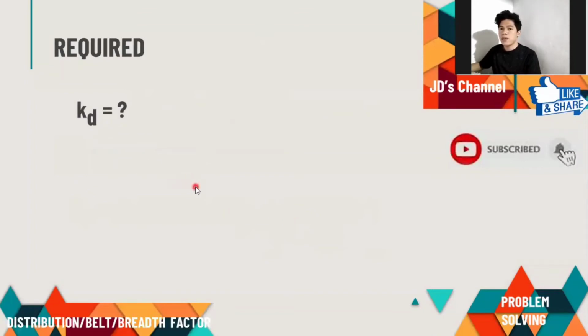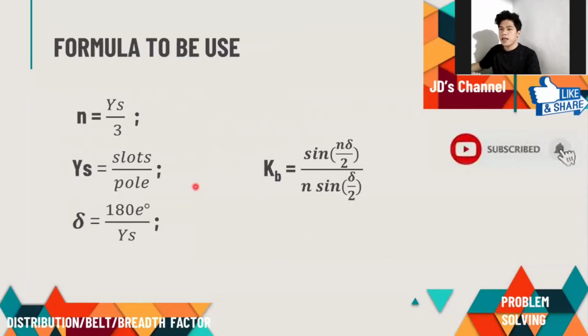So the required is the Kb. And the formula to be used, yung ating n equals Ys over 3, so Ys is slot per pole, and then yung ating delta which is 180 electrical degree over Ys, and then Kb or Kd is equals to sine of n times delta over 2, over n sine of delta over 2.